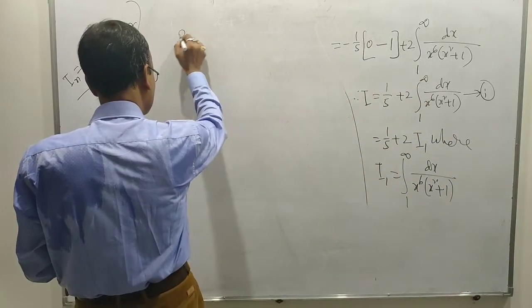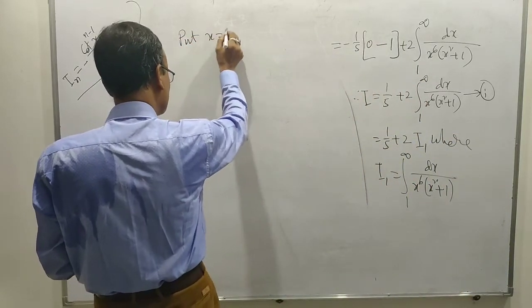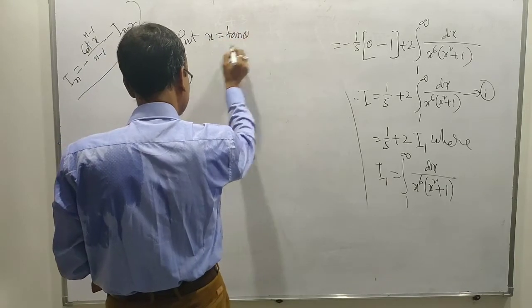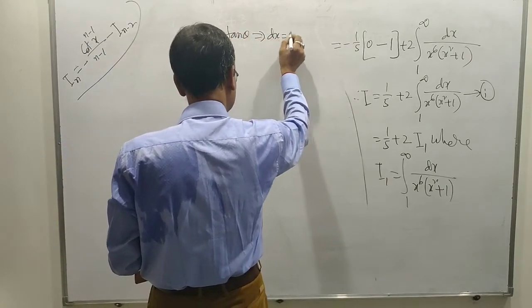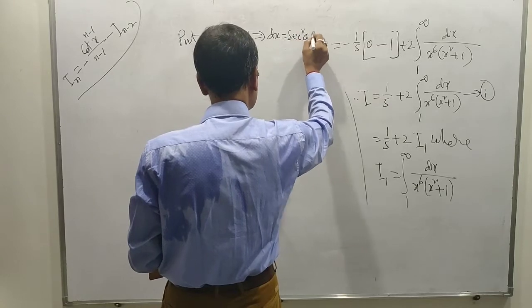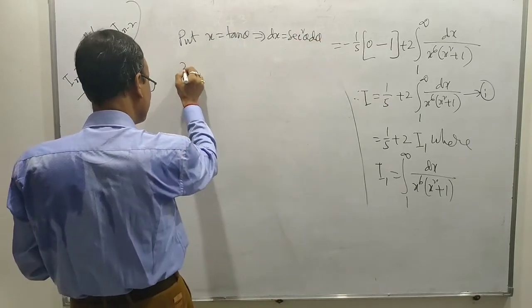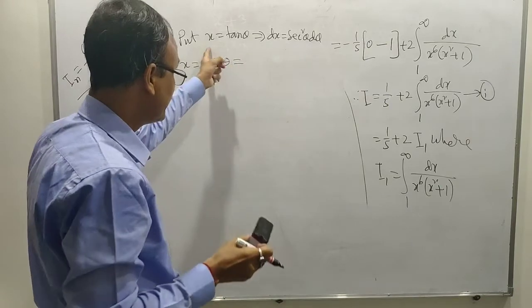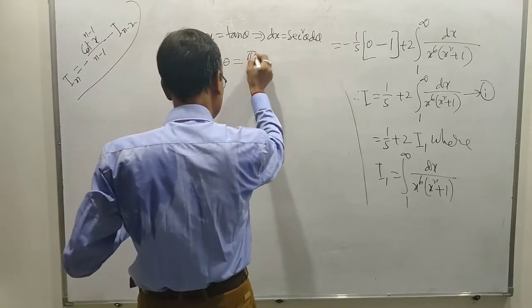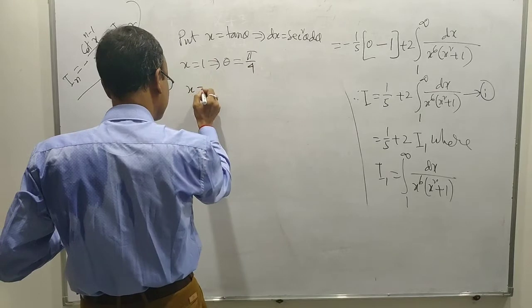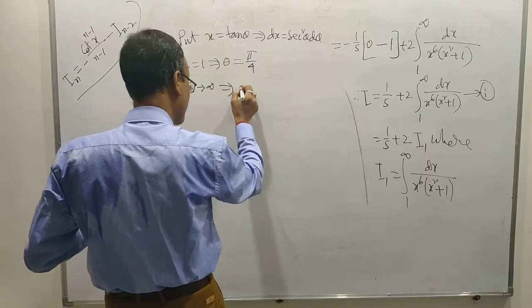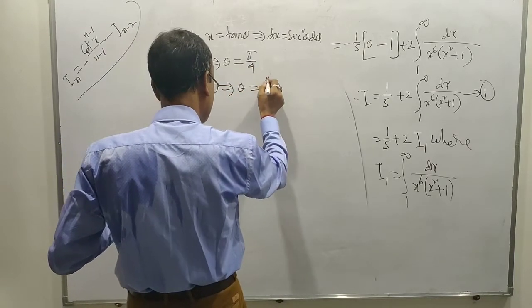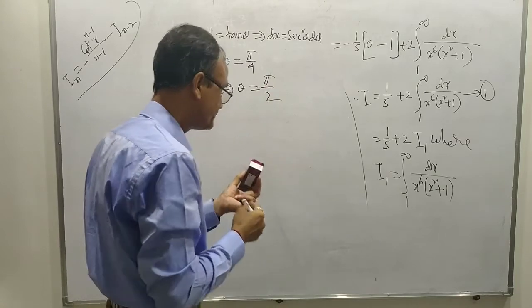Now put x equal to tan theta. This means dx equals sec square theta d theta. x equal to 1 implies theta is equal to pi by 4, and x tends to infinity implies theta is equal to pi by 2.